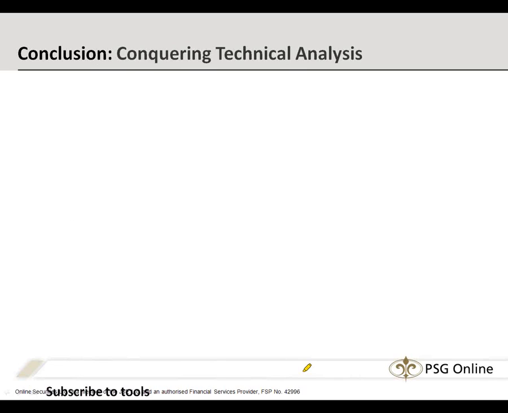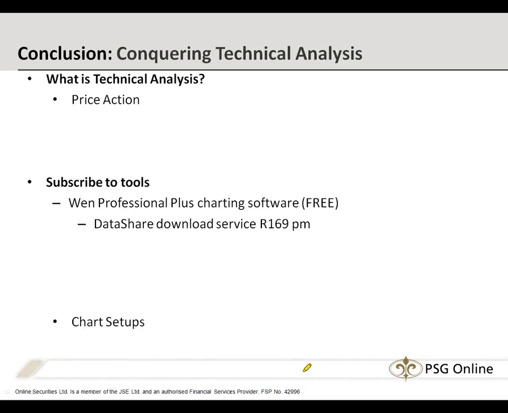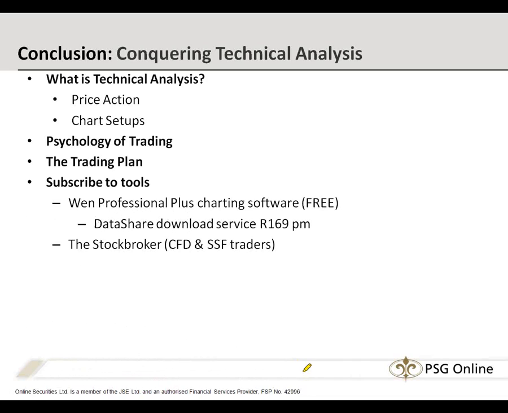Okay. So guys, quickly before you get to any questions, obviously the objective today was to focus on basic technical analysis, but also to highlight for you that there are tools available for you, like the wind charts, these charts you saw just now. The software is for free. All you have to do is subscribe to the download services. It's a tool. There are a lot of other programs out there that cost you at least 5,000 Rand, but you need that tool to make more informed decisions.